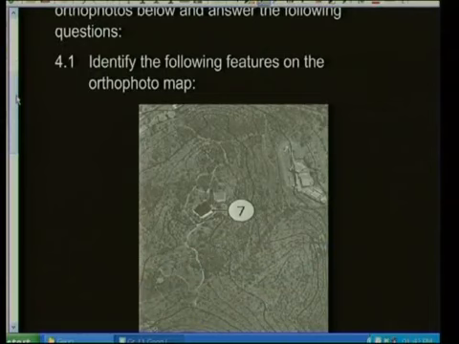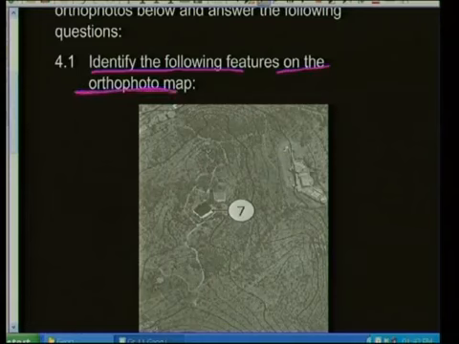I do apologize for that. Identify the following features on the orthophoto map. You would never know what that is in terms of number 7. You're not clear at all. Again, if you compare it to the map, it was a map of Rustenburg, and I'm sure your teachers will have one there. It was set in one of the prelim exams.